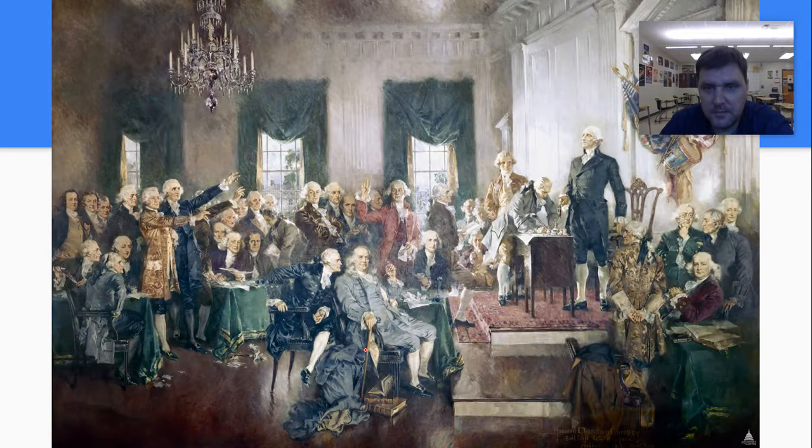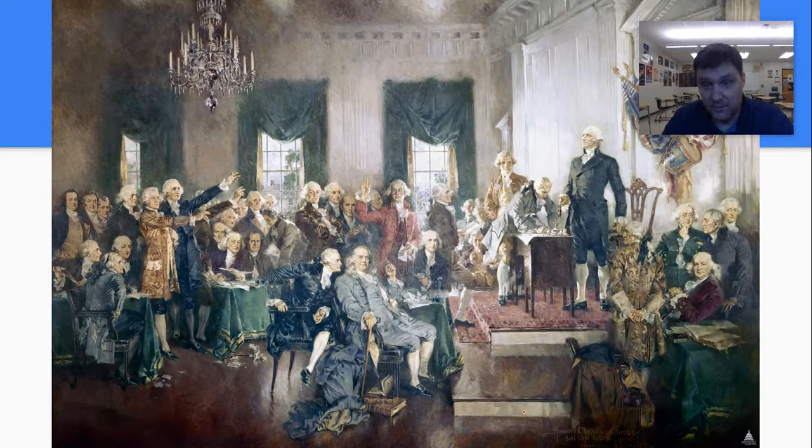This is a little bit more chaotic, and this is a little bit more accurate, I think. The first picture I showed you for the Declaration being signed was everybody's quiet and, ooh, nice and peaceful. And here you have just shouting and debate going on and so on. And this was at the Constitutional Convention, and that was more, I think, what it was like.